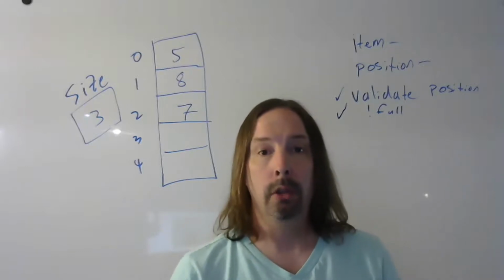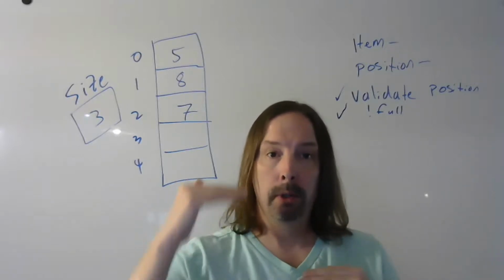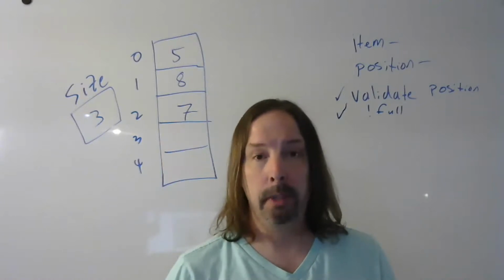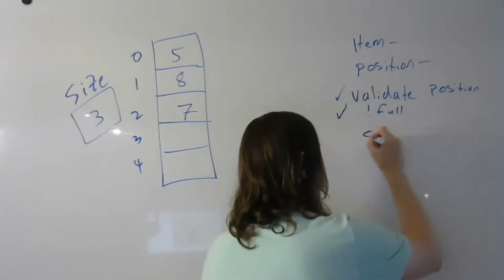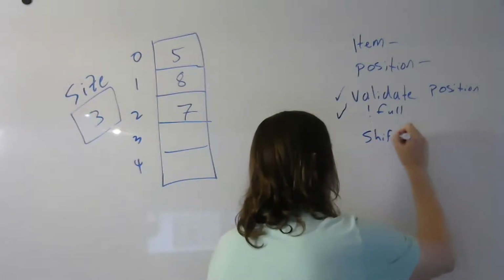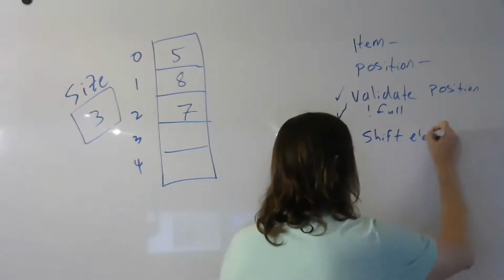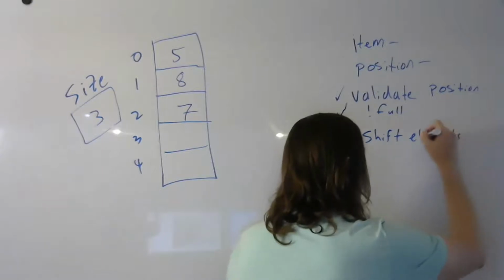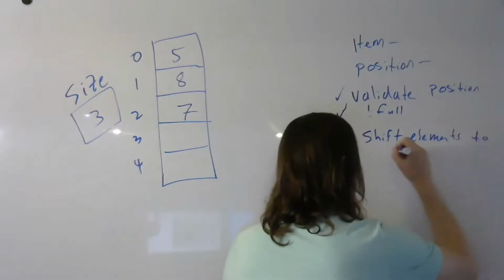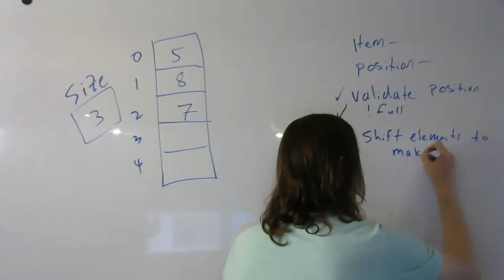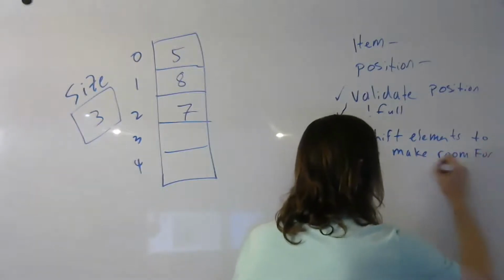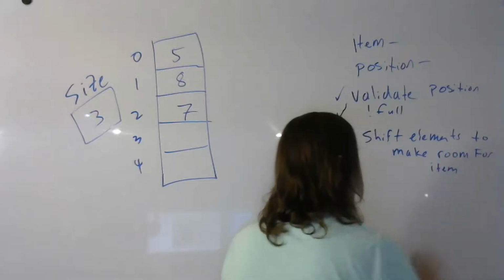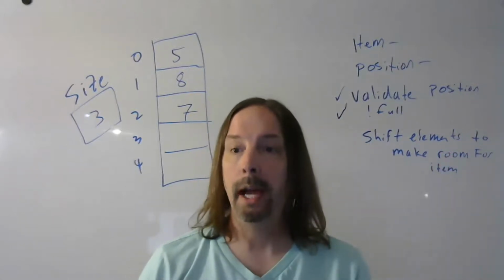Now, in order to do that, we need to loop and migrate up from the end of the list. So this is the next thing we want to do, is we want to shift elements to make room for item.